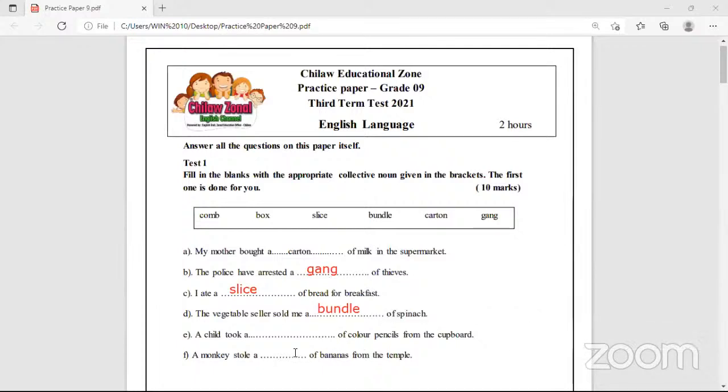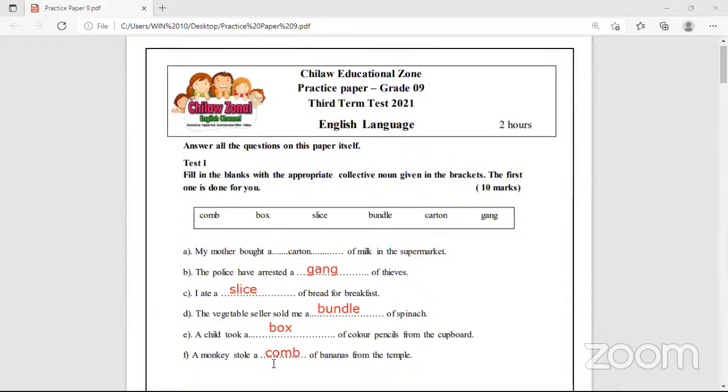Next one, a child took a box of color pencils from the cupboard. Next one, a monkey stole a comb of bananas from the temple. A comb of bananas. Stole means the past tense verb of steal, right?